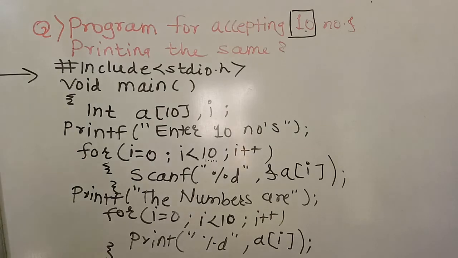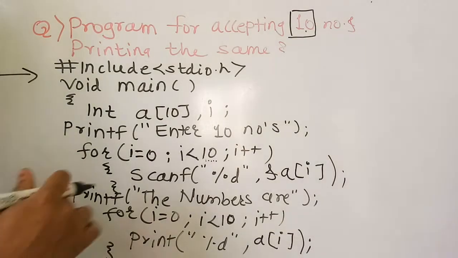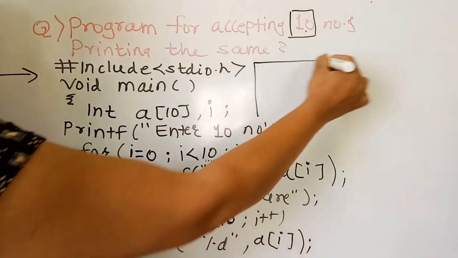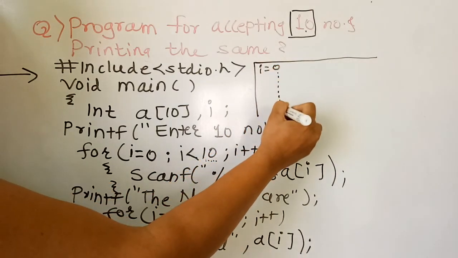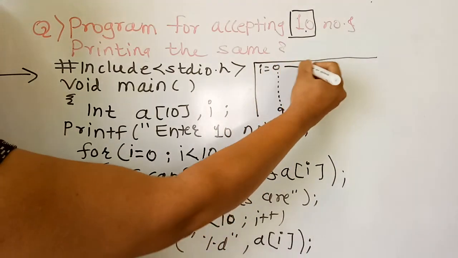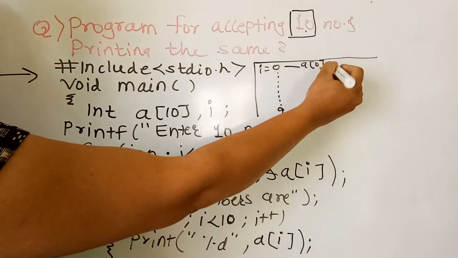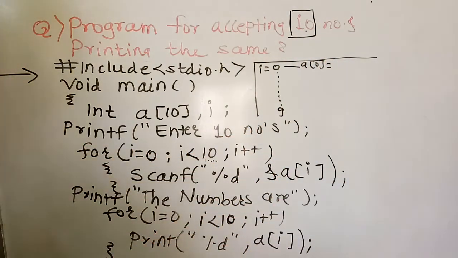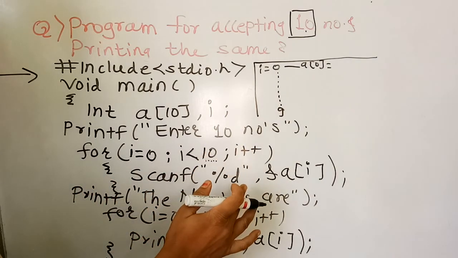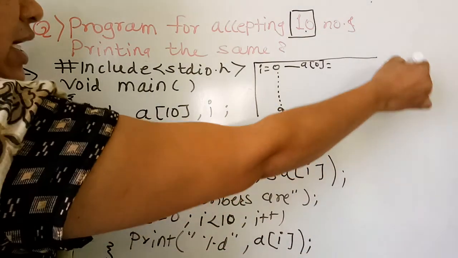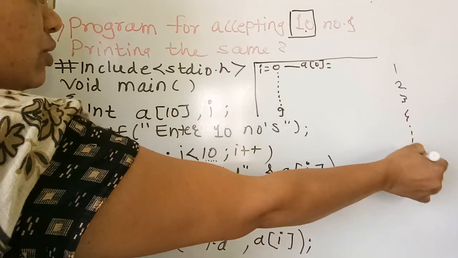How will it be displayed or work? i will go from 0 to 9. When i is 0, the 0th element of a is accepted. The user will enter 10 numbers, like 1, 2, 3, 4, and so on up to 10.